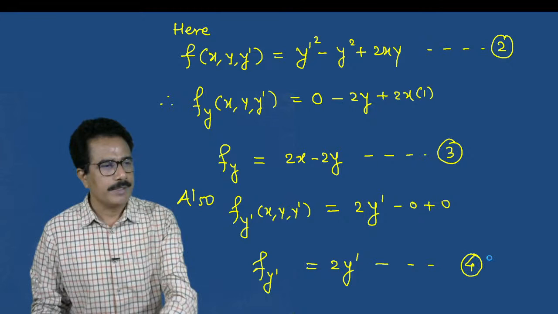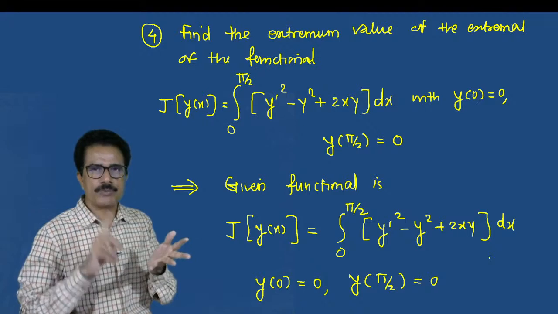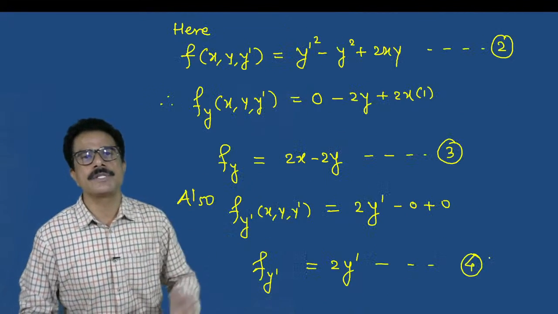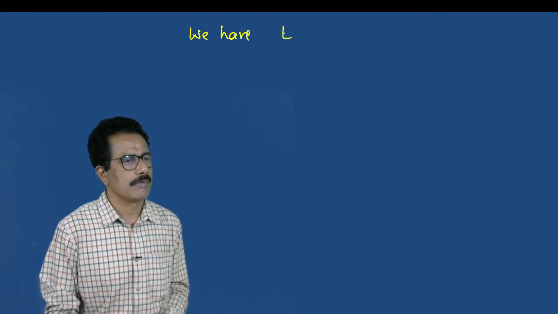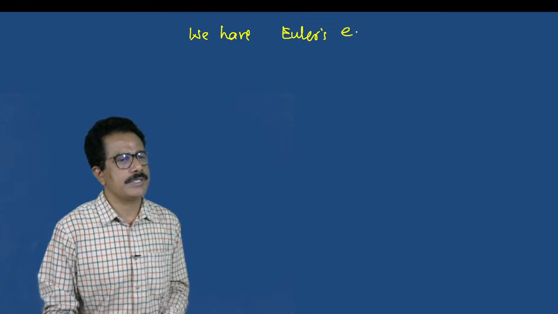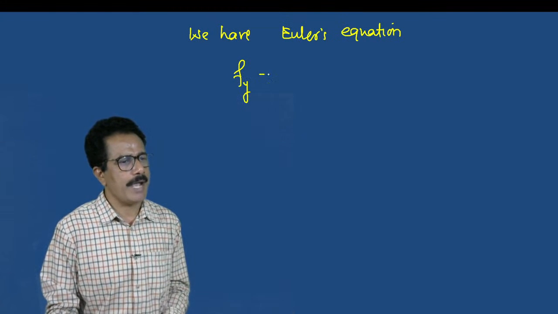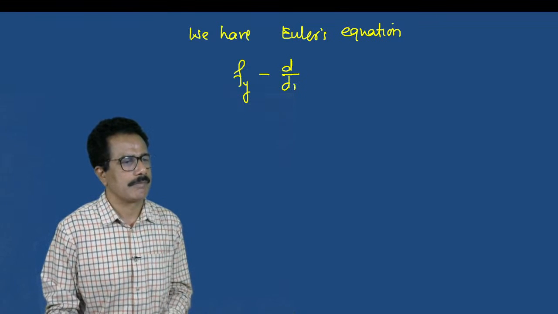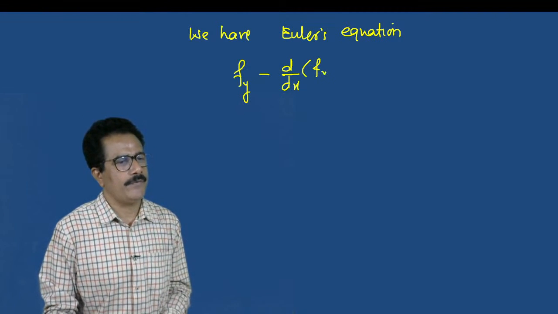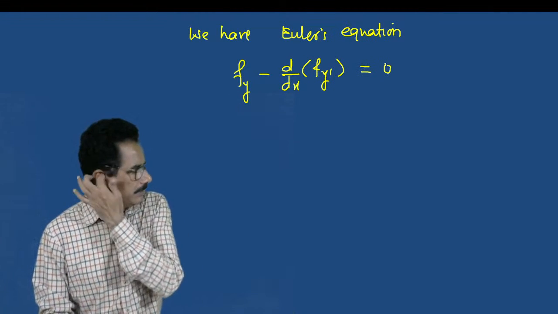Now here the given function depends on x, y, y dash. So we have to use Euler's equation in the general form. So we have Euler's equation: f suffix y minus d by dx of fy dash, which is equal to 0.